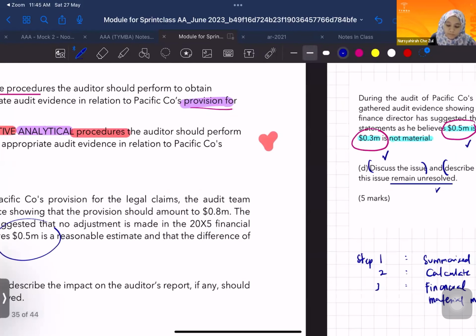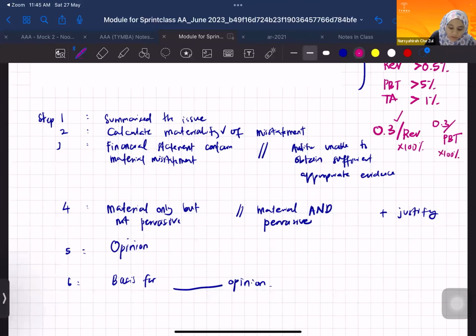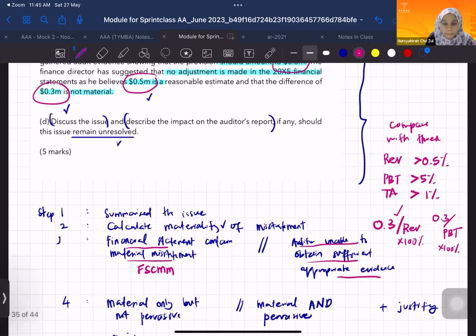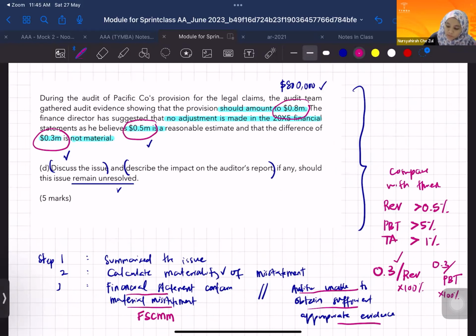Okay, now number 3, you want to consider whether this is an issue of FSCMM. I call this FSCMM. You want to consider if this is an issue of FSCMM or an issue of auditor unable to obtain sufficient appropriate evidence. So as per this question, it is quite obvious that this is an issue of misstatement. If the examiner would like to test you on issues of auto say, this one I call auto say.